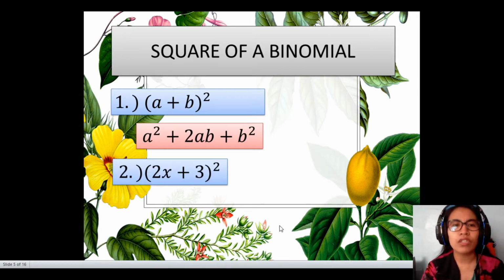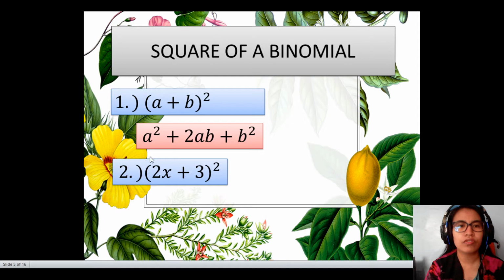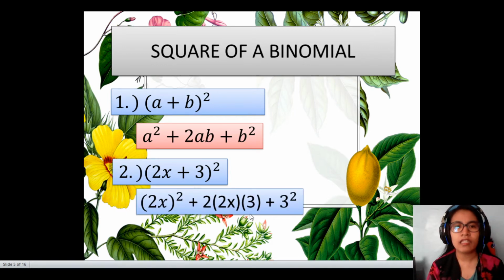So we have quantity 2x plus 3 squared. Again, we will square the first term. Then 2x times 3 times 2. Then we have the 3 squared. So this should be the solution. Let me show you the solution. And that's the solution.